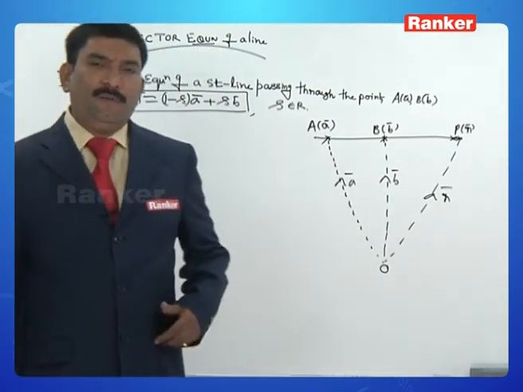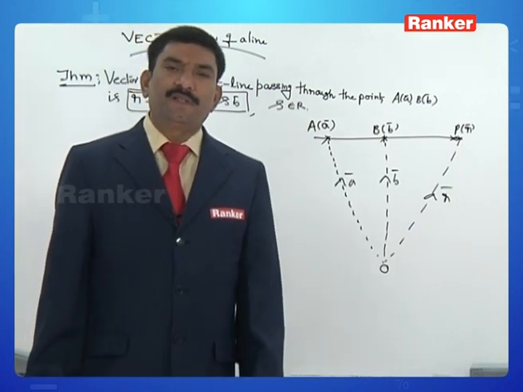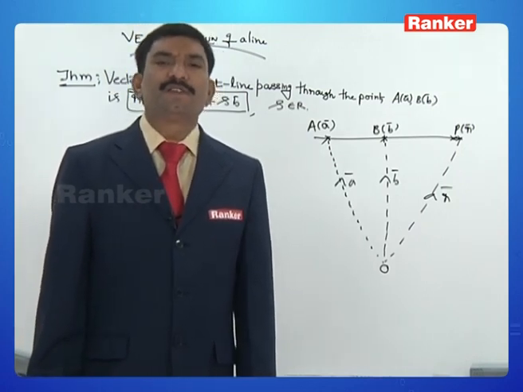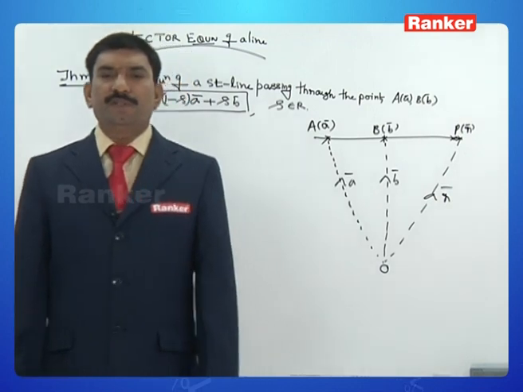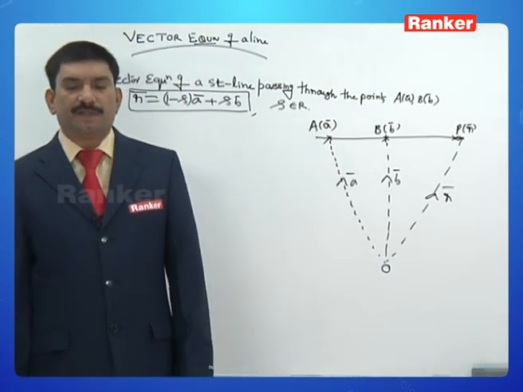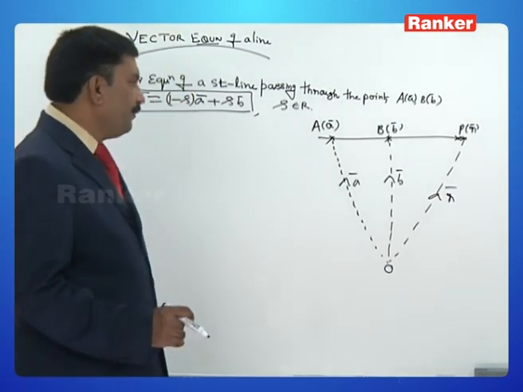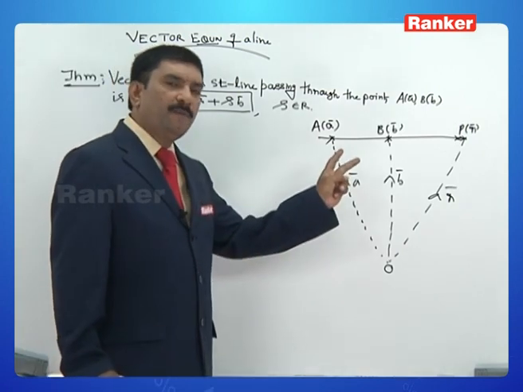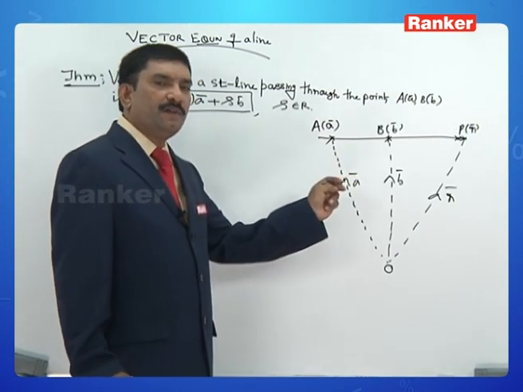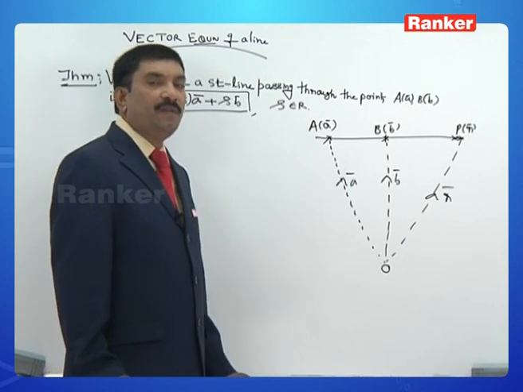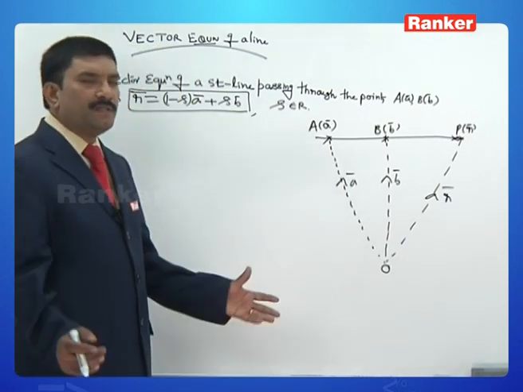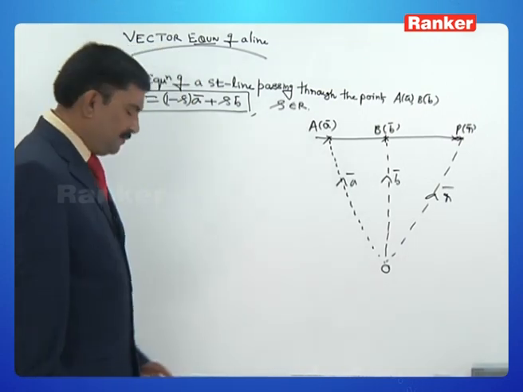OA bar, OB bar, OP bar represent the position vectors of its extremities. Now, when 2 points are given, the third point you have to take as representing a line equation to name it. It's a general point.